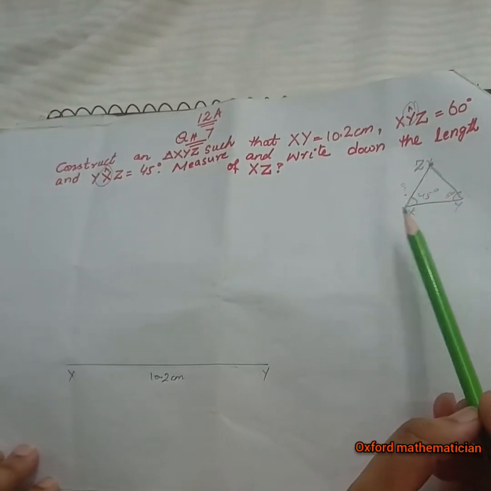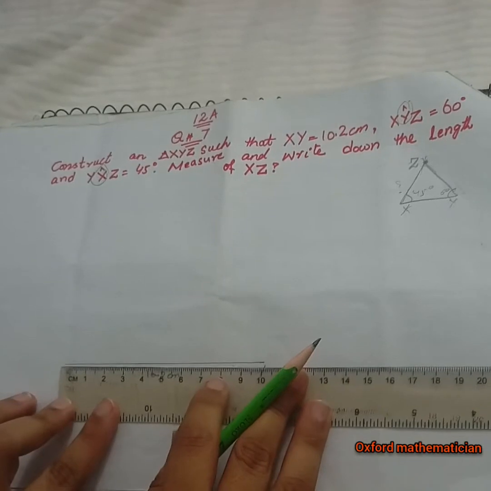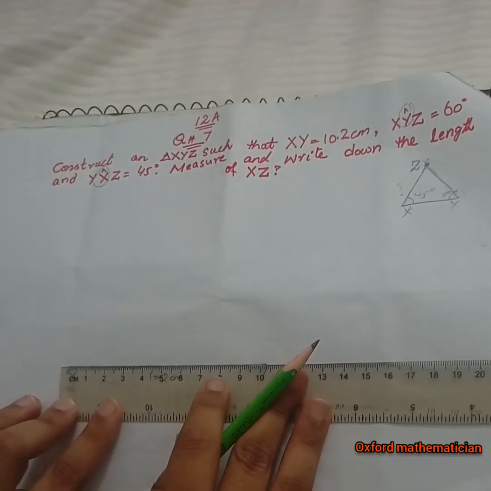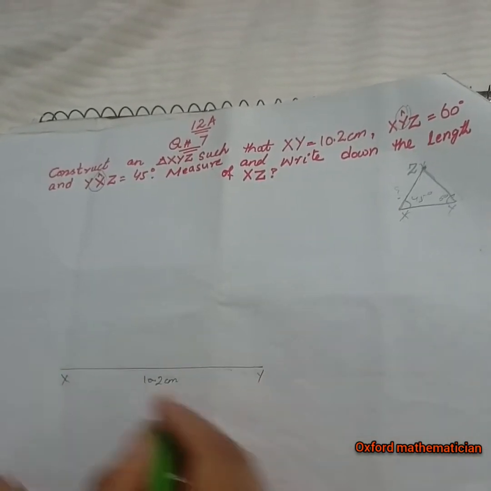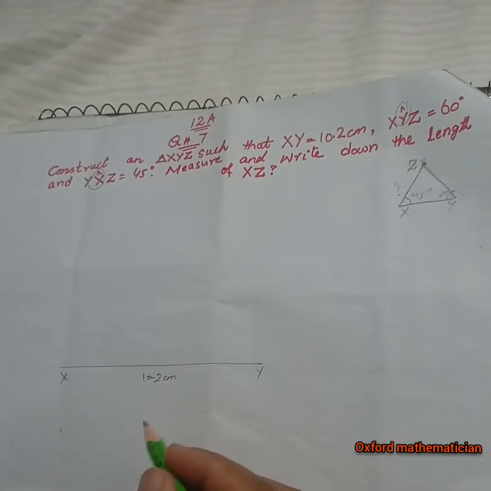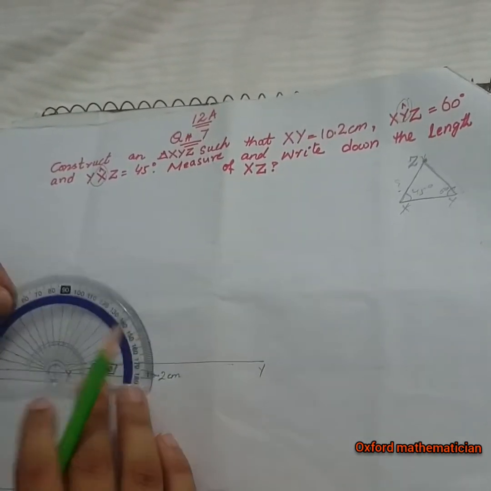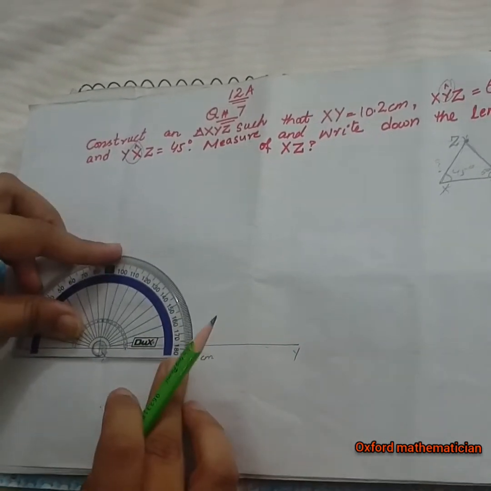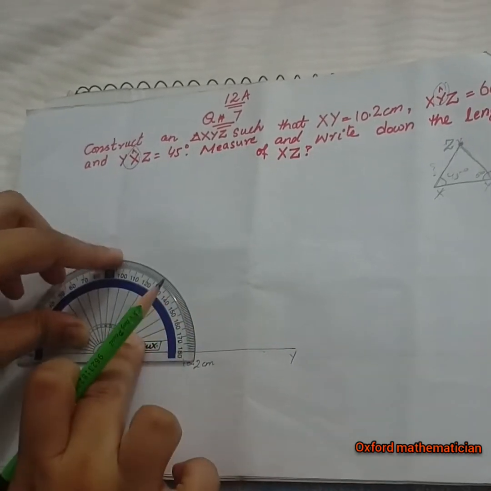Okay, now we draw an XY baseline, 10.2 centimeter. Here we put the scale and draw it. Here is the point 10.2 centimeter, and then we have to measure the 45 angle at point X. Now we put the protractor here with suitable measurement.